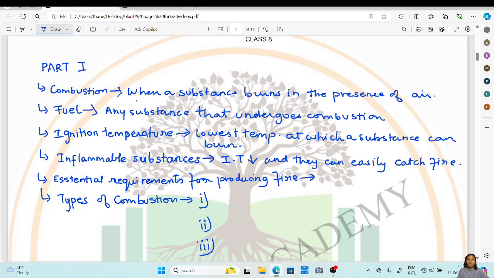So these are inflammable substances. Then we learned about the essential requirements for producing fire. In that, first we had the fuel, then we had air, and last we had heat.